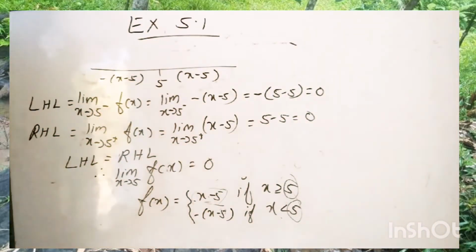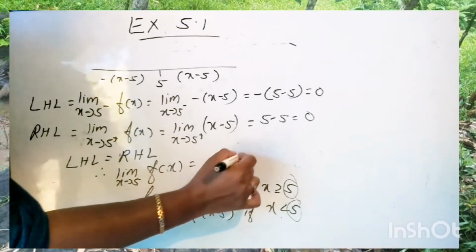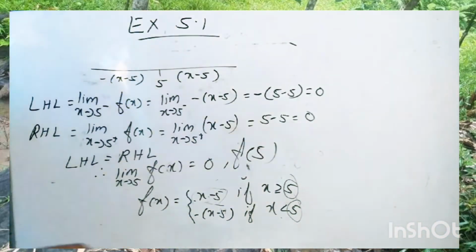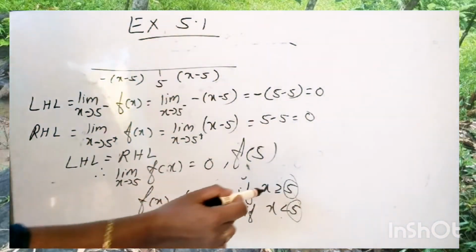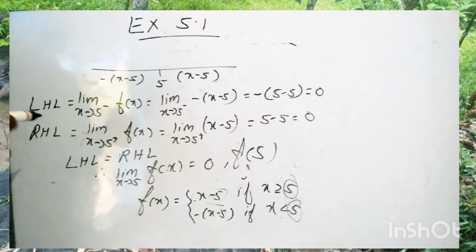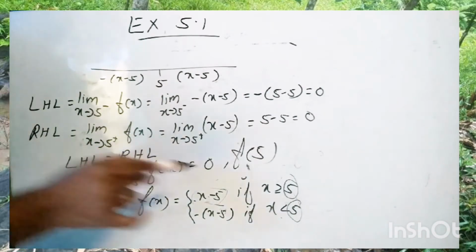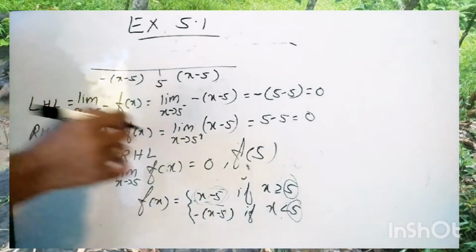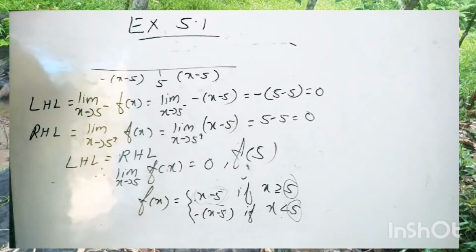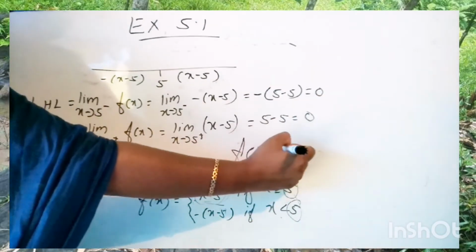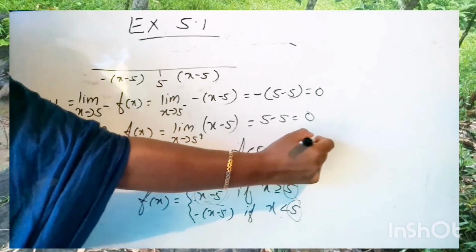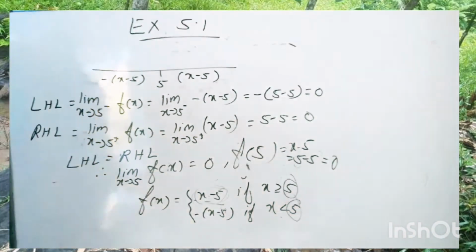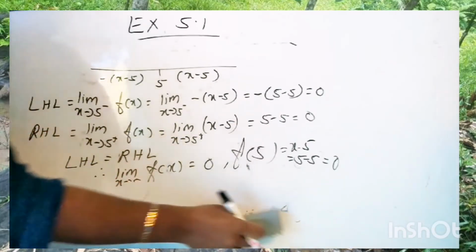Now, what is f of 5? Look at the definition of your f of x. For x greater than or equal to 5, the value of f of x is x minus 5. So at 5 also the value of f of x is x minus 5, that is 5 minus 5, which is equal to 0.